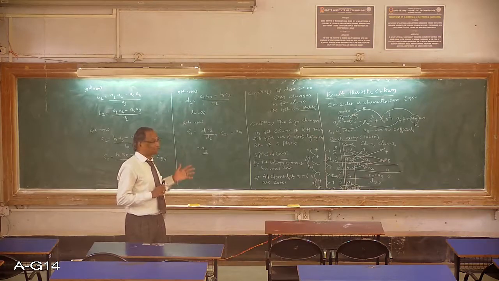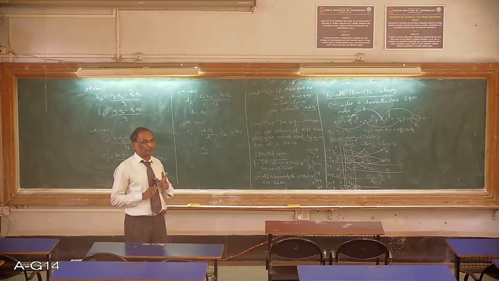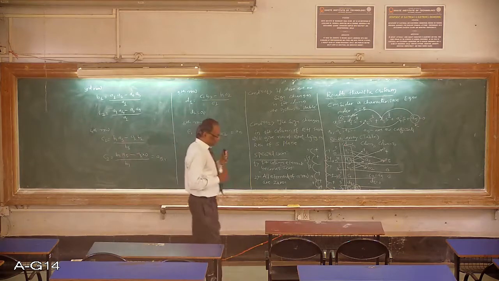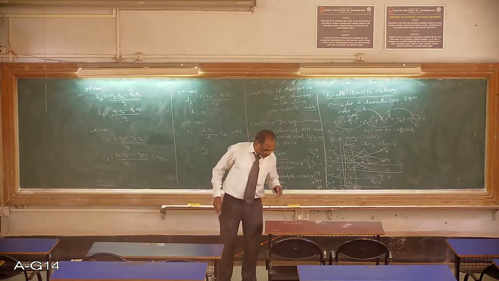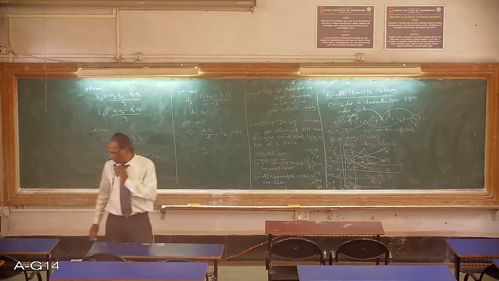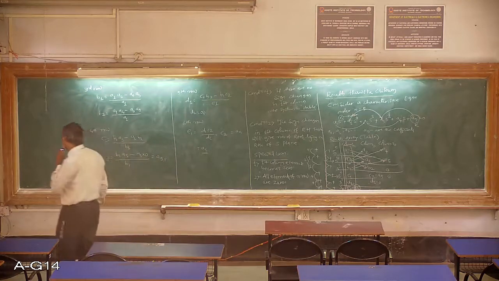For more numericals, you can go through the notes which I had posted in your official 4th SEM group. So to start with the numericals, we'll see. Now if time permits, we'll go on to solve the numericals.